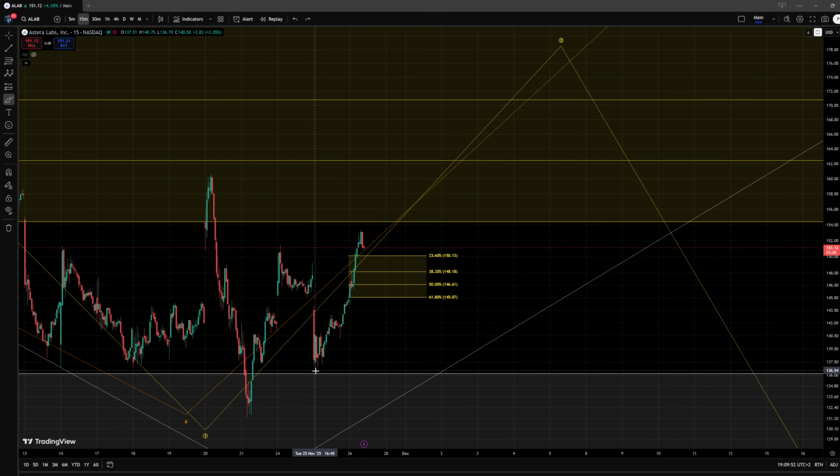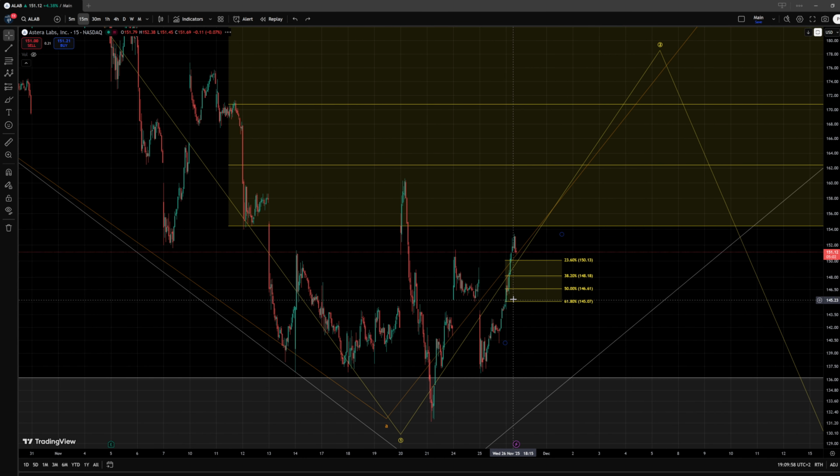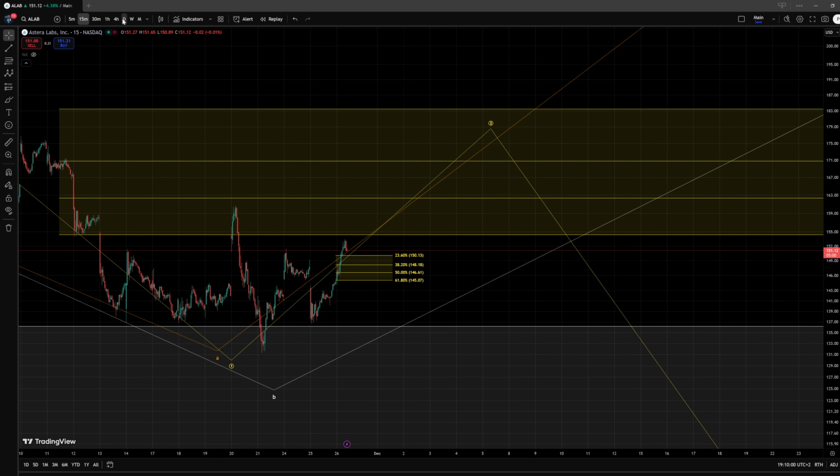Yeah, we aren't looking to form here a 5-wave move to the upside in a wave C or in any wave anyway. But for now, these are the levels. This is the trade setup.